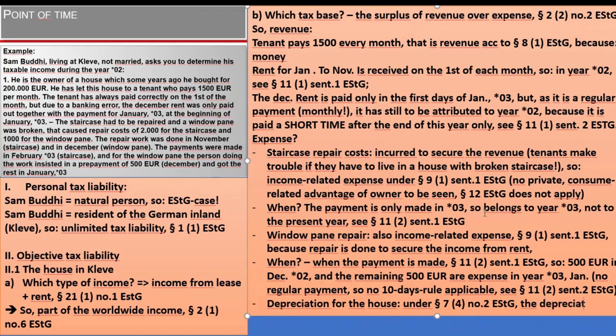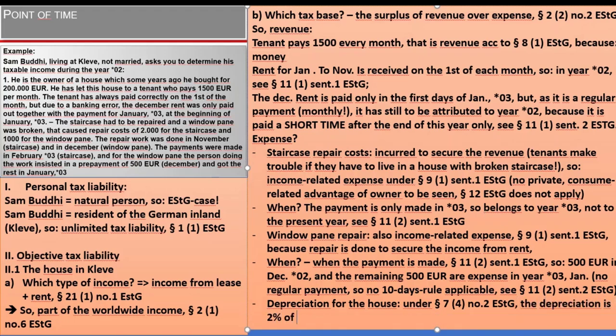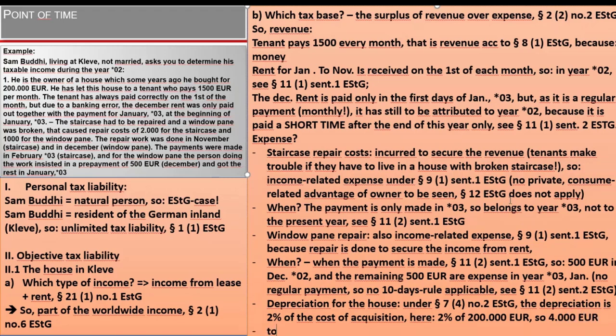The depreciation is 2% of the cost of acquisition. Here, 2% of 200,000 euros, so 4,000 euro. So we have a total for this event for this year of 12,000 coming in.